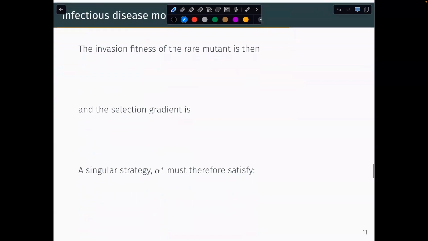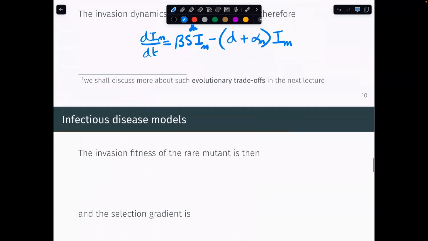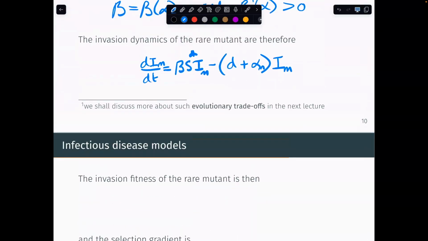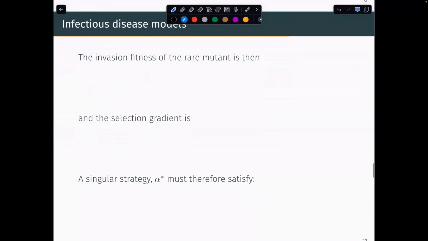Okay, so just like before, we can calculate the invasion fitness of this rare mutant. We don't have to look at our next generation matrix for this example because there's just one equation here. We have I_Ms appearing in both terms, which is nice. So we can think about its per capita growth rate when rare: we divide through by I_M. Its invasion fitness, W, is a function both of the trait of our mutant, alpha_M, and the trait of the resident population, alpha.